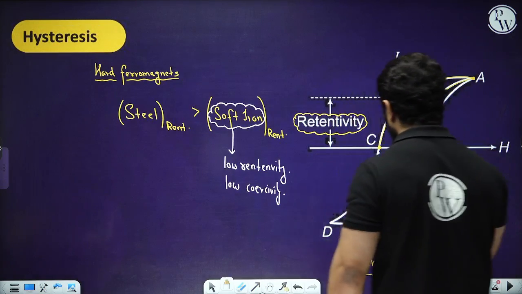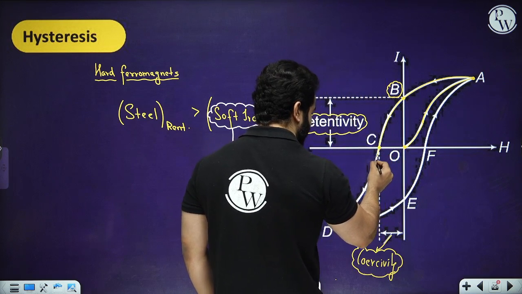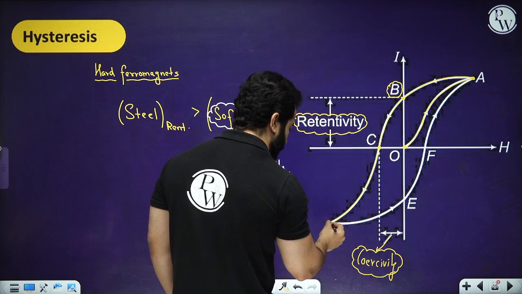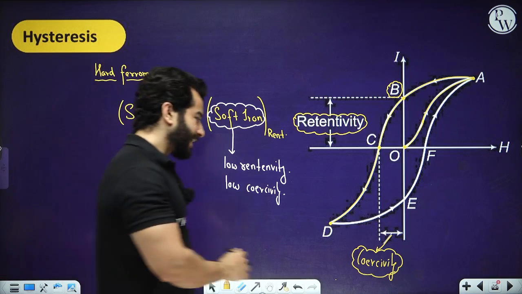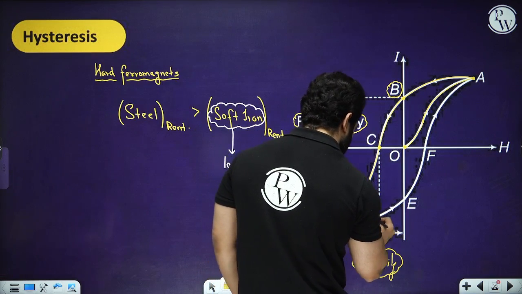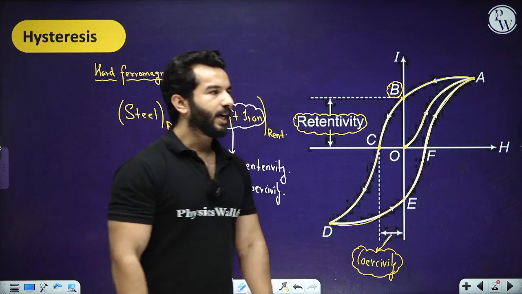So if you keep on applying the magnetic field, every dipole will get magnetized in the opposite direction. By the way, this is only for ferromagnets. Then again, if you do the same thing, this is going to be the graph of hysteresis, right?